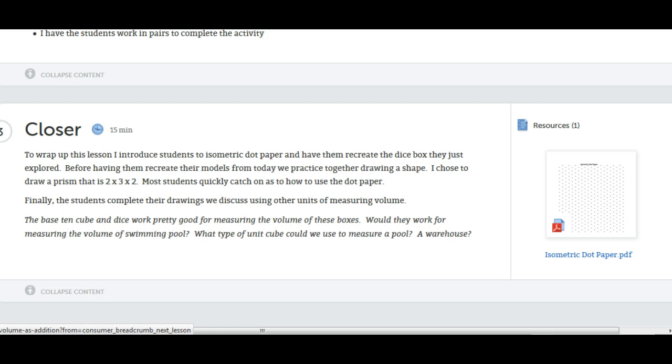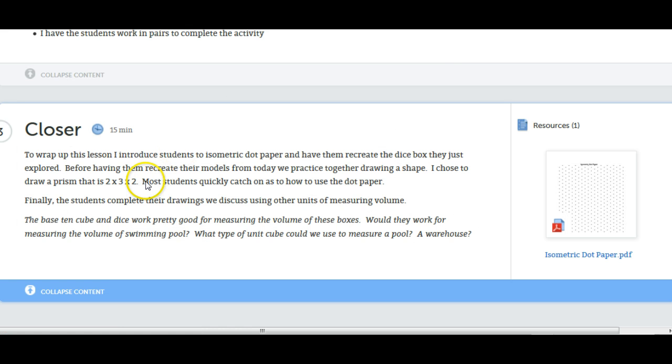So I go over how to make a 2 by 3 by 2 box on the isometric dot paper with the students first, so that they get an idea of how to use the dot paper. Then I ask them to draw on the dot paper the box that they were using in the previous portion of the lesson.